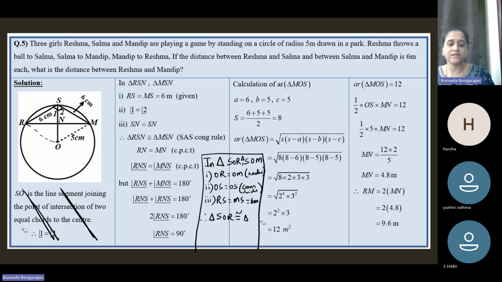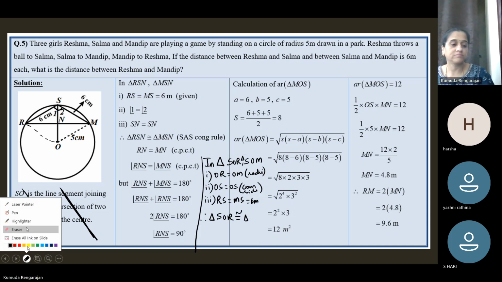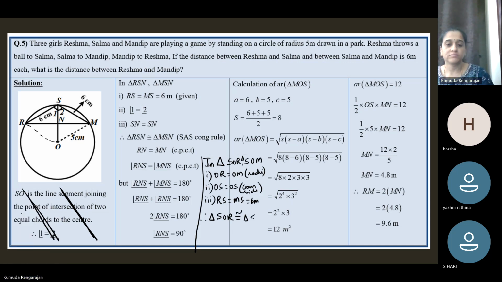What's the criterion? By the SSS congruence criterion, the two triangles are congruent because OR is equal to OM, OS is equal to OS, RS is equal to MS.